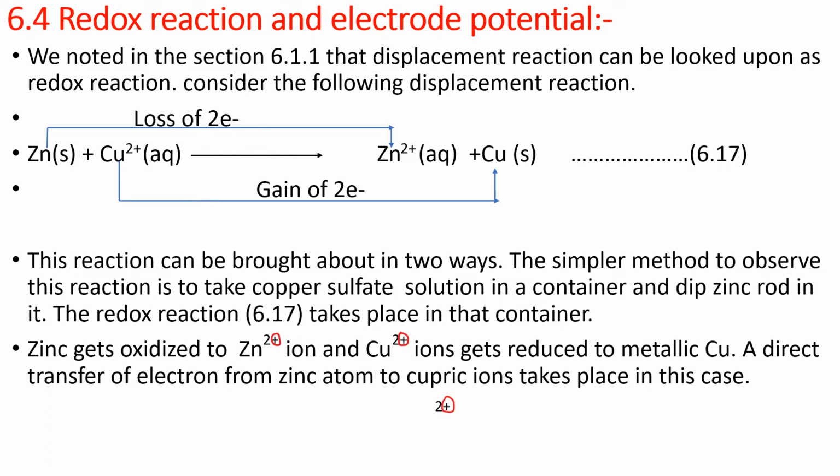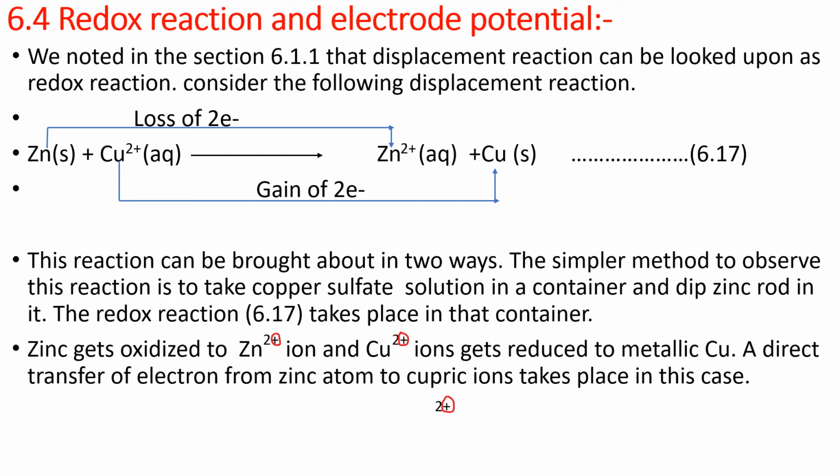These reactions can be brought about in two ways. The simpler method to observe these reactions is to make a copper sulfate solution in a container and dip a zinc rod in it. The redox reaction takes place in that container. Zinc gets oxidized to Zn2+ and Cu2+ gets reduced to metallic copper.